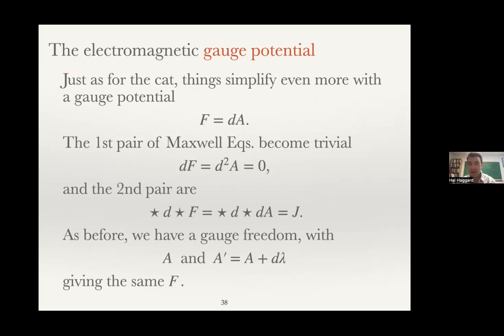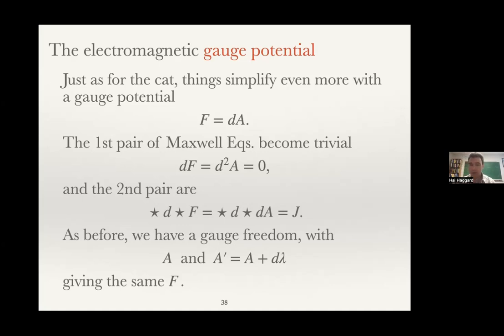We simply introduce a gauge potential one form, A, and we define the field strength as dA. So A here would be the A mu dx mu that we were mentioning.